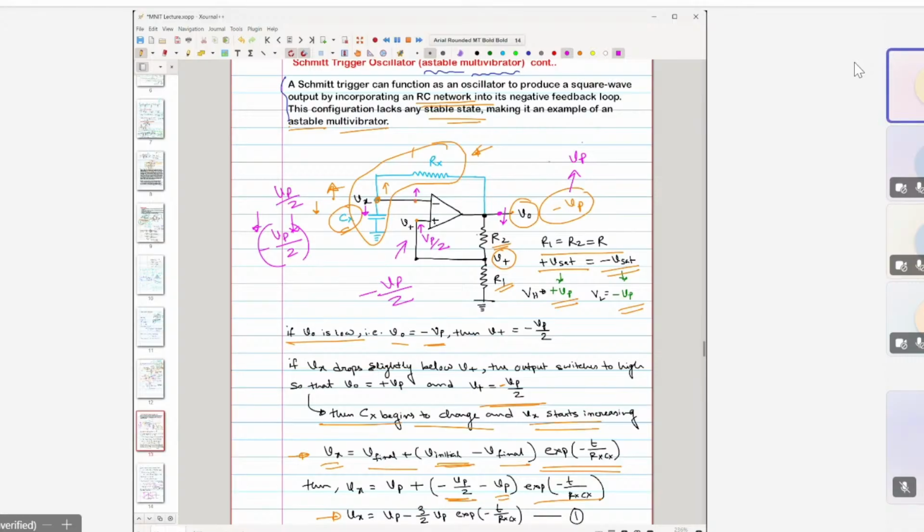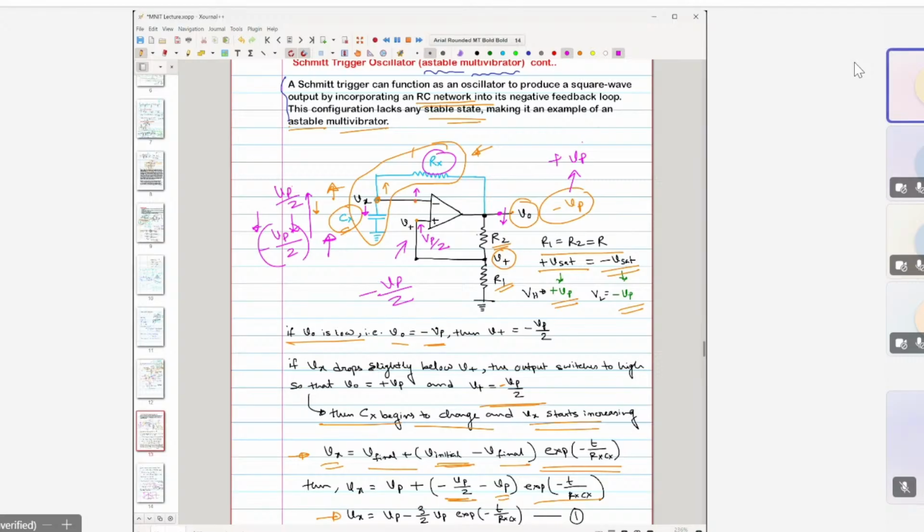So when it turns from minus Vp to plus Vp, this plus Vp is connected through this Rx to this capacitor, so that would start building the charge across it, means it will start raising the potential. Then it has to charge till again plus Vp by 2.